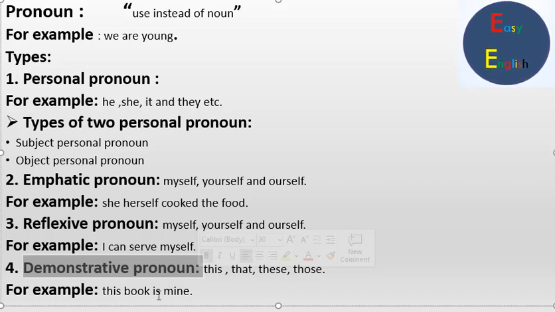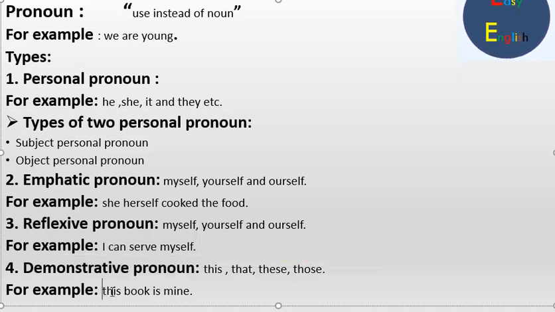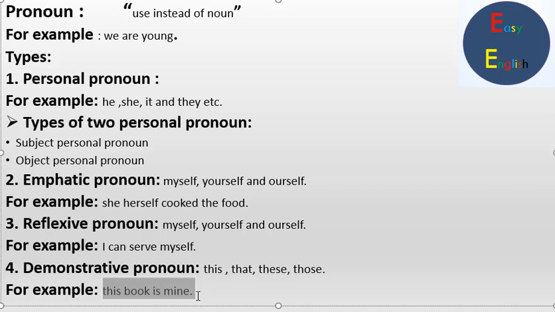For example, that, those, these, this, etc. Here is an example. This book is mine. Here this is a demonstrative pronoun which points out the book that is mine.